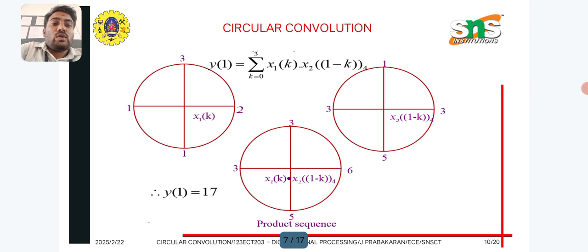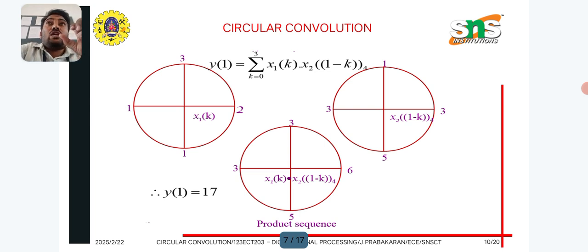Here you can see the examples. The first sequence is mapped on the outer circle in anti-clockwise direction. Then the second sequence is mapped on the inner circle in clockwise direction.